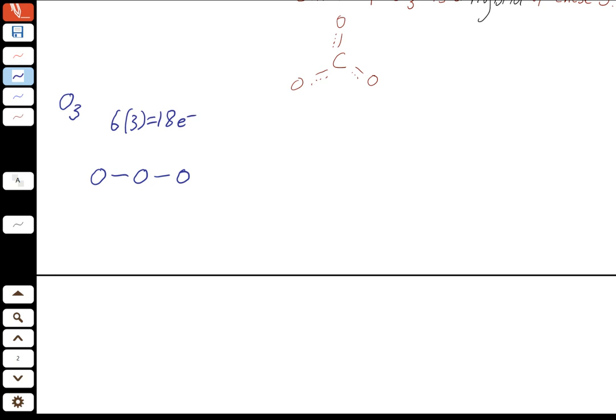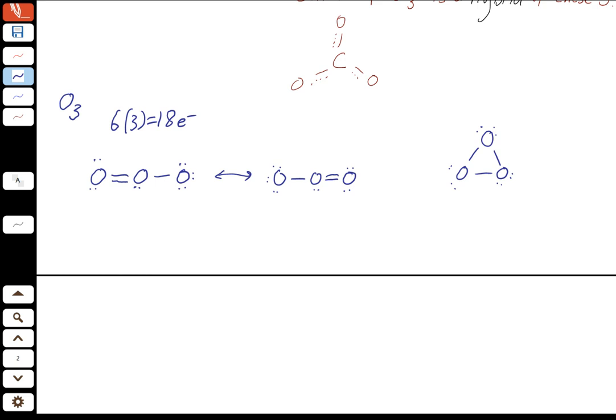Like this. That one. That technically works. Yeah, and then 2 lone pairs on each. Yes, this technically works, but that is not a stable structure because of the strain involved in the ring and trying to close those angles up like that.